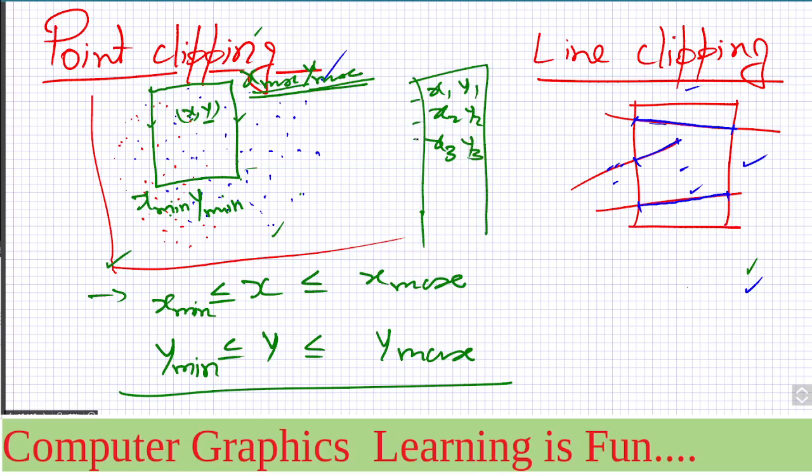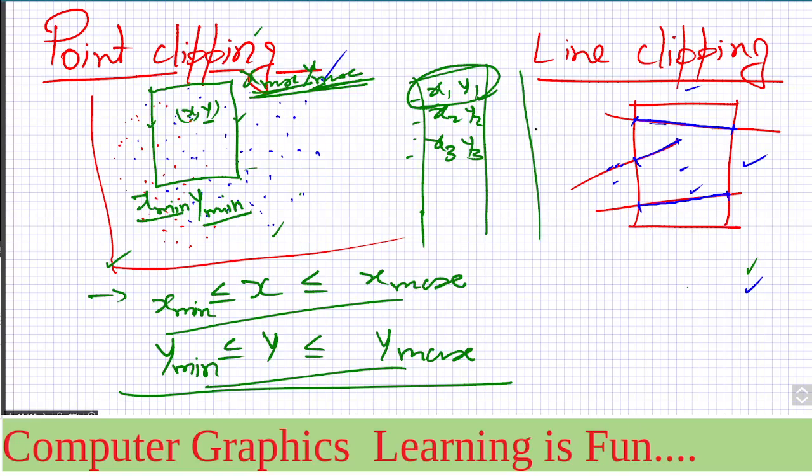So these are the points, and given these coordinates and the values of x min, y min, x max, y max, you just have to check each pixel whether it is between this range or not. If it is, then you set a status as 1, or whatever data structure you use, you just specify that these pixels are inside the window and others are not. I believe it is very clear about point clipping.